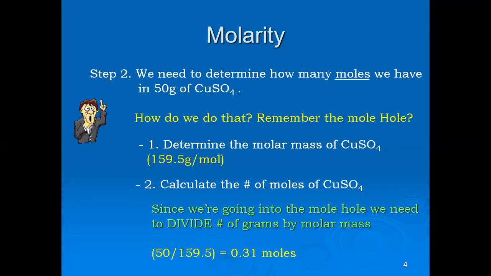We need to divide number of grams by molar mass. The number of grams given is 50, and the molar mass of copper sulfate from the periodic table is 159.5. So by calculating, we get 0.31 moles.